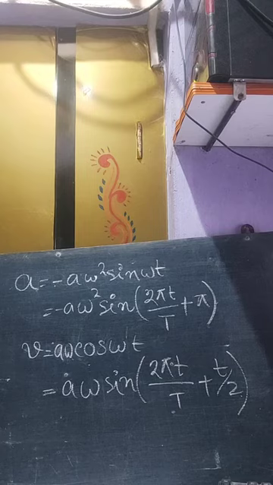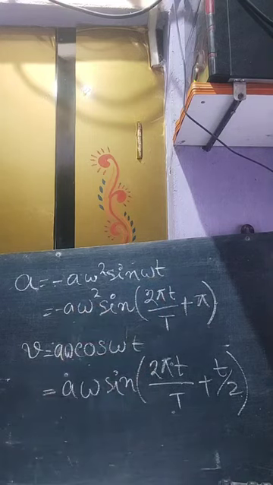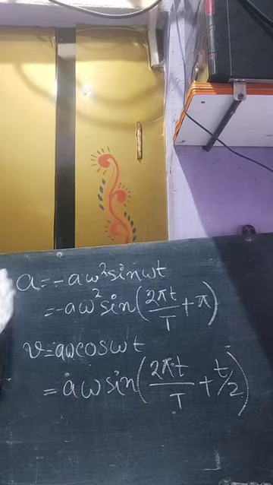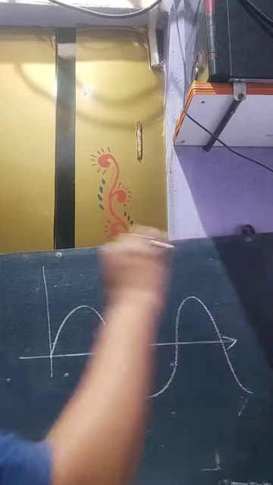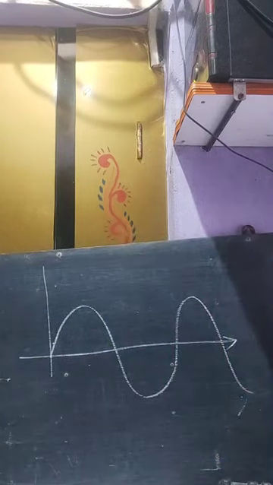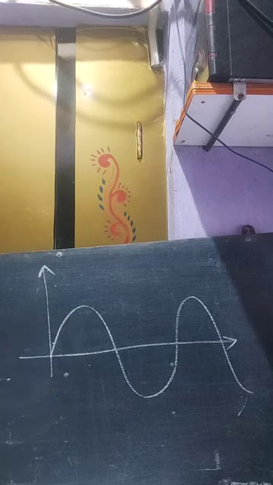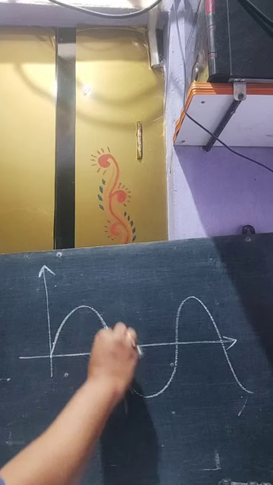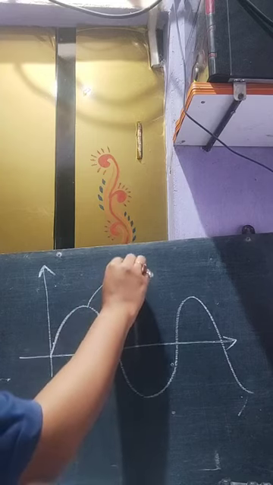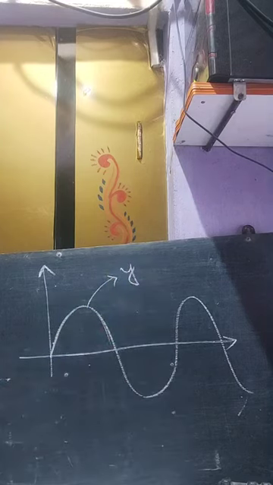We can conclude how the time period or the time will change, that is T by 4. If we consider graphically, suppose this is the representation of SHM. Here, this is the graph of y.